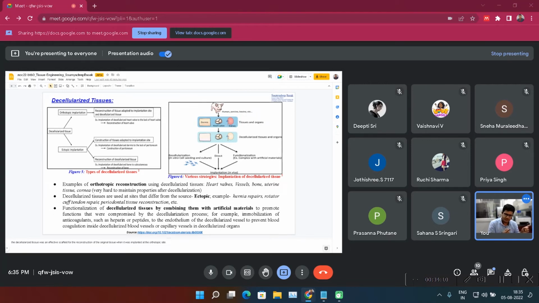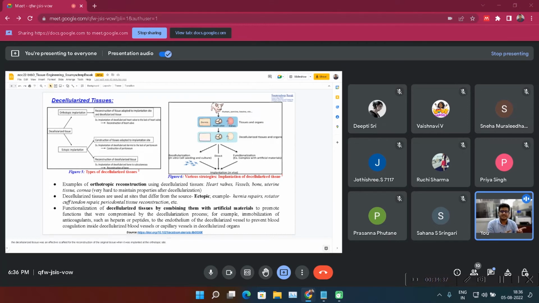So what is the difference? Ectopic means we are repurposing an ECM from a different site to a site of our interest. The two sites are not the same. While in orthotopic implantation, we are using the same site's ECM and repurposing it.